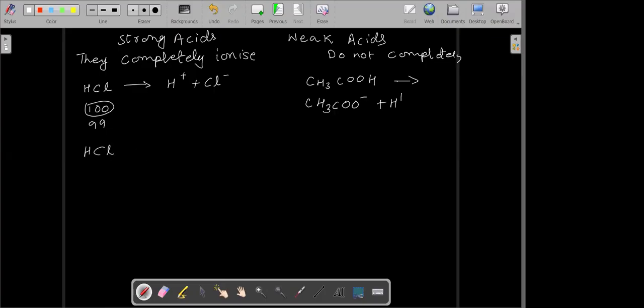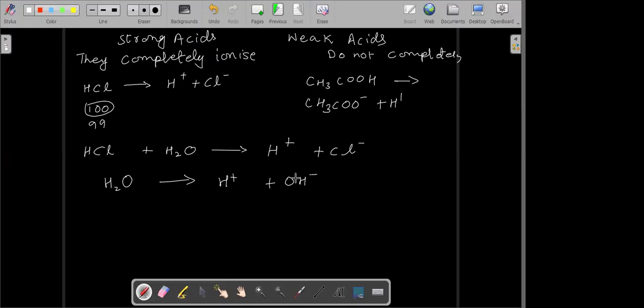What we have studied is that when HCl is dissolved in water, it breaks up to give H plus ions and chloride ions. So in the solution you will have H plus ions and chloride ions. But this is certainly not what happens. In this case, you have HCl disintegrating to give H plus and chloride ions, along with water also dissociating to give H plus and hydroxide ions.